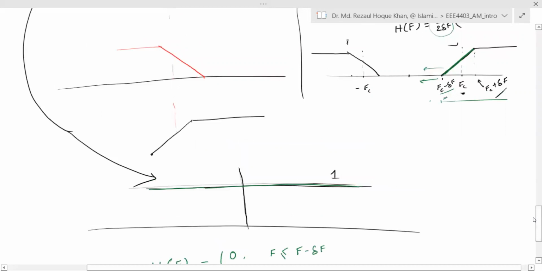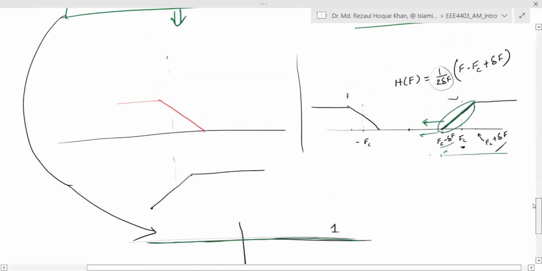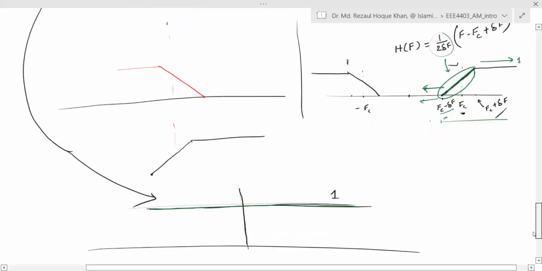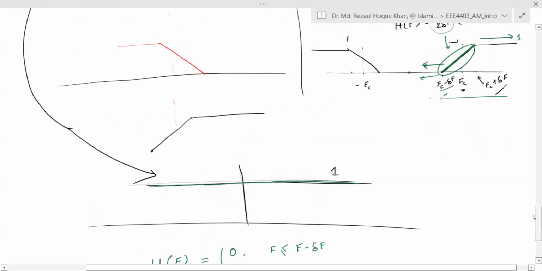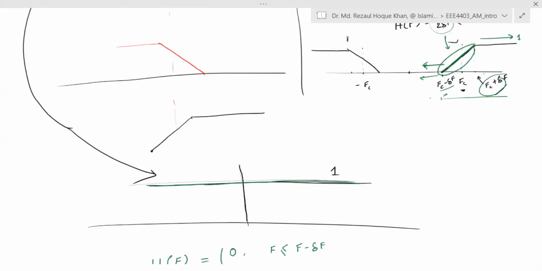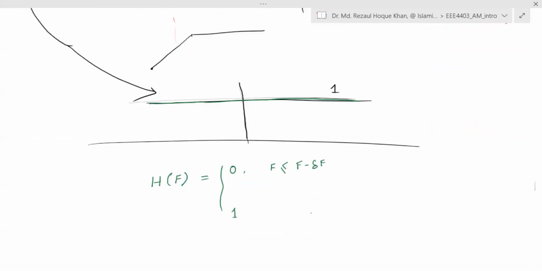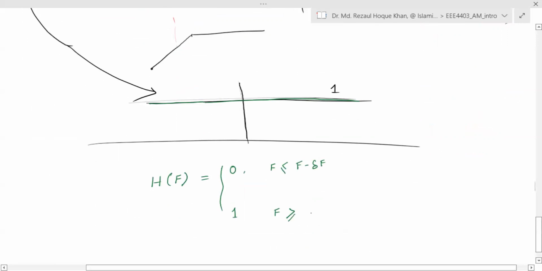You see here three portions happen. Everywhere here is 0. Here the filter response is like this one, and here the filter response is 1. Is 1, right? So 0 and 1. We know 1 is when it's beyond this value, which will be F greater than FC plus del F.